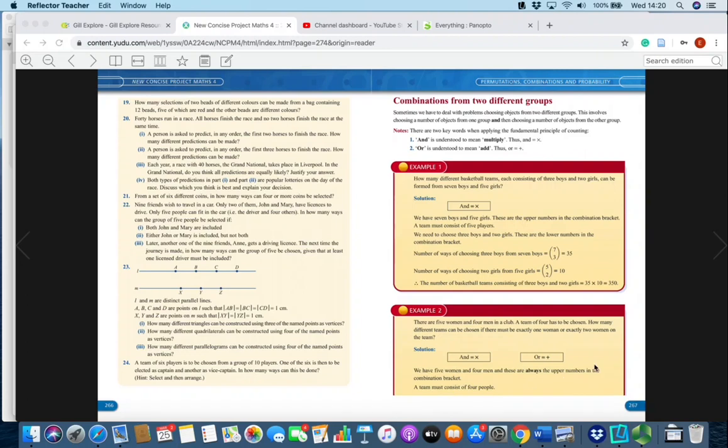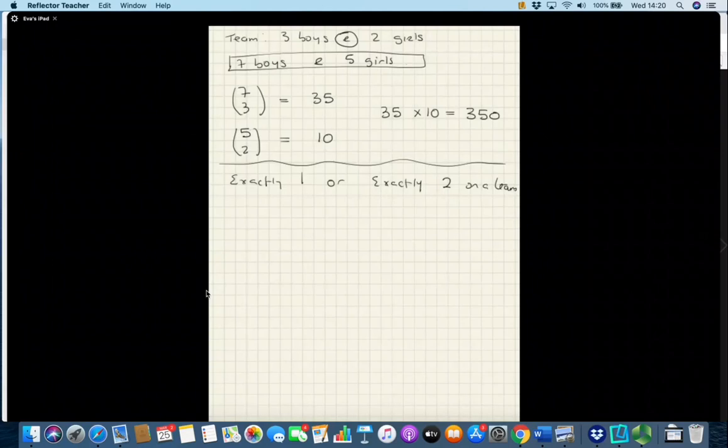A team must consist of 4 people. Okay, so let's try this one. How would we do this one? Okay, so exactly 1 or exactly 2 women on a team. And I have in total 5 women and 4 men in the club.